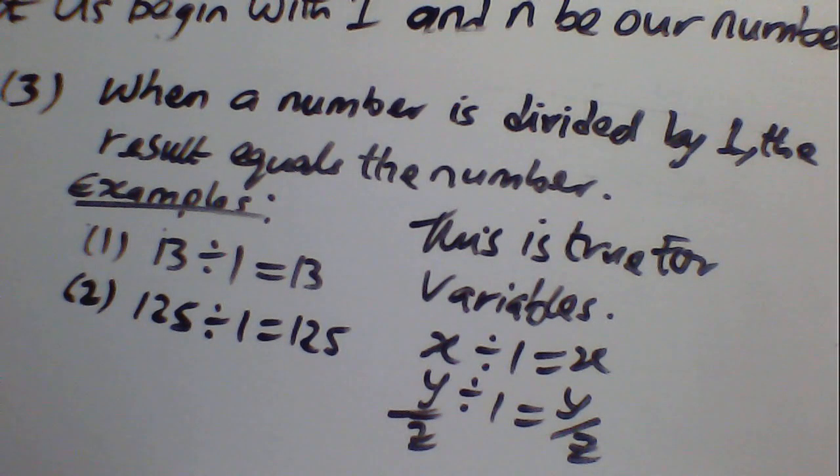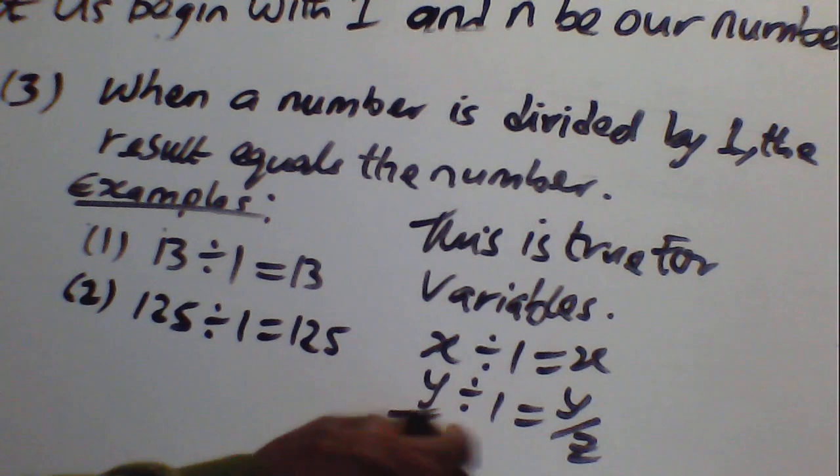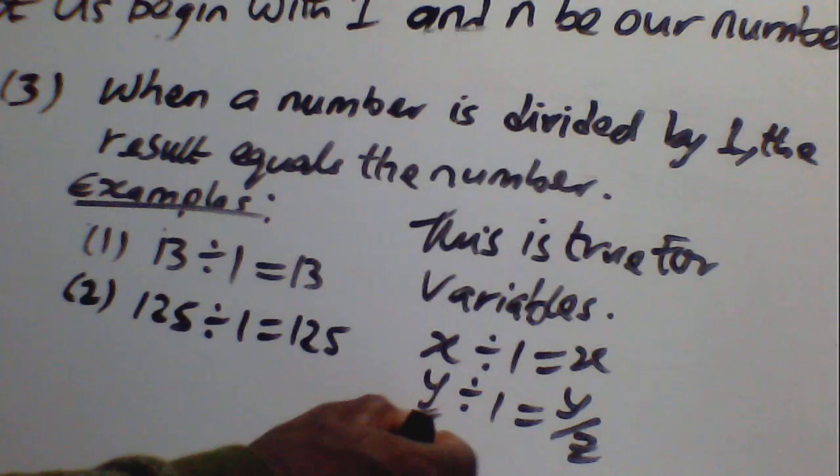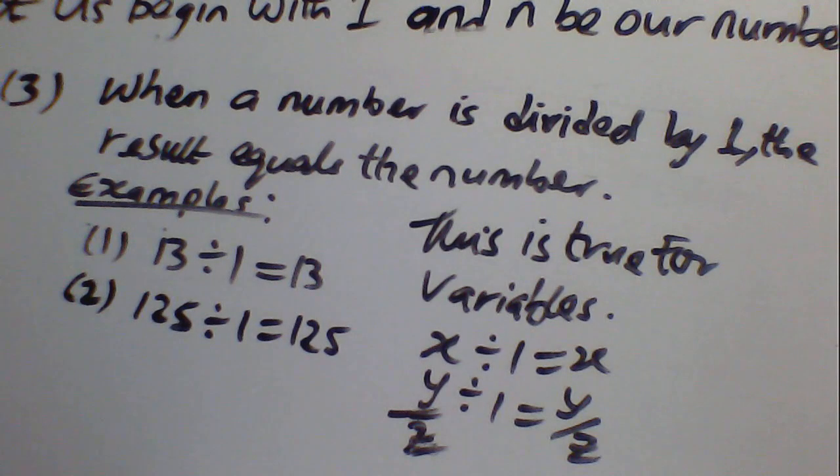So you have to know the difference so that you don't find the reciprocal. When the number itself is being divided by 1, you don't need to find the reciprocal. The result is equal to the number. So fractions, rational numbers, irrational numbers, all these are also numbers, not always a whole number or integer. A fraction is also a number.